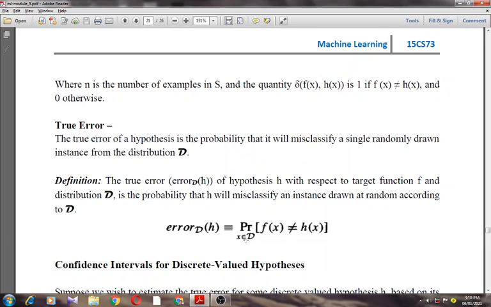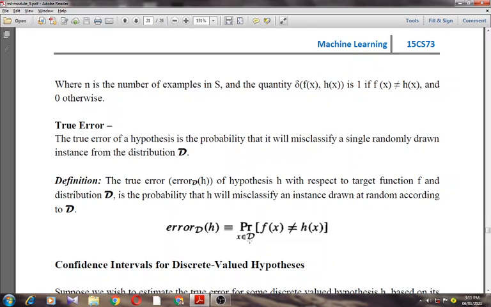Here the notation PR x belongs to D denotes the probability taken over the instance distribution capital D. What we usually wish to know is the true error, that is error D of H of the hypothesis, because this is the error that we can expect when applying the hypothesis to future examples.